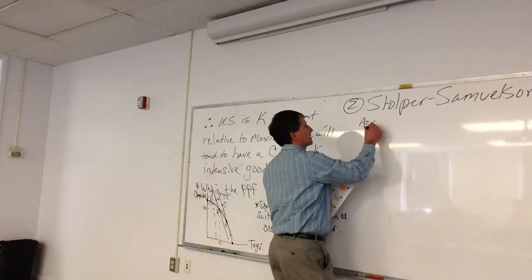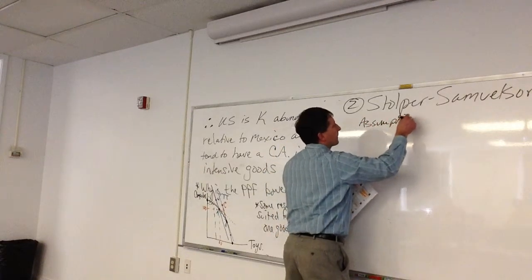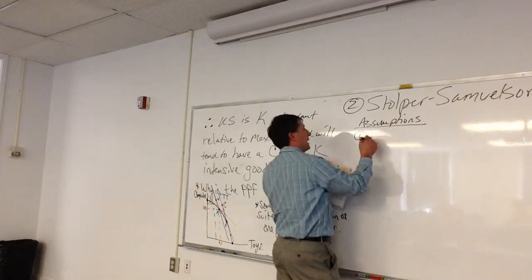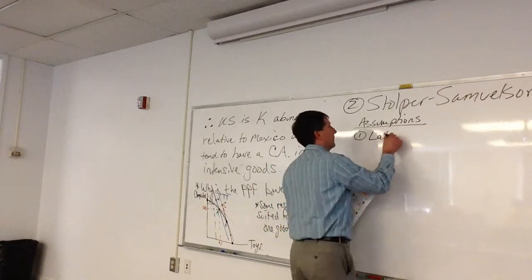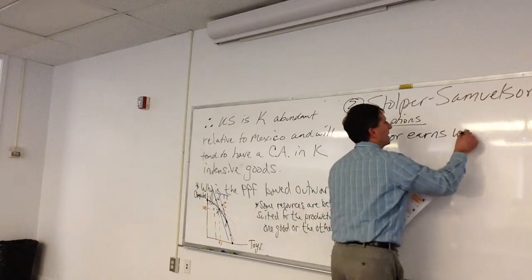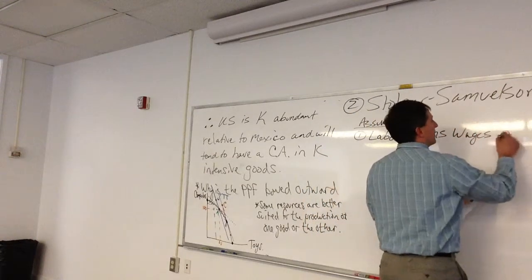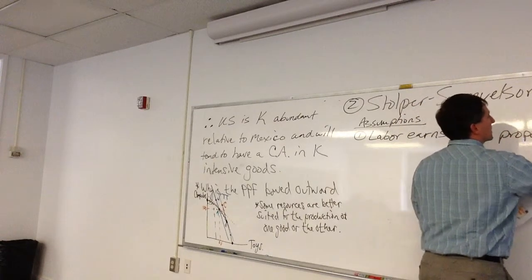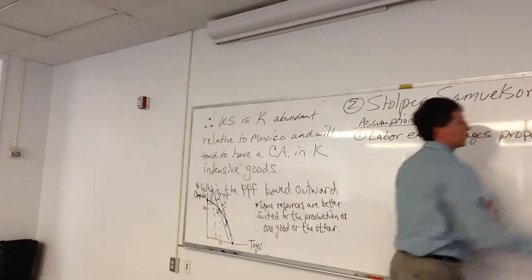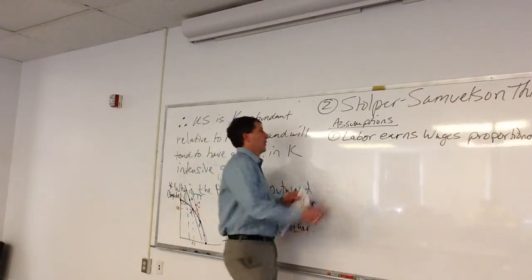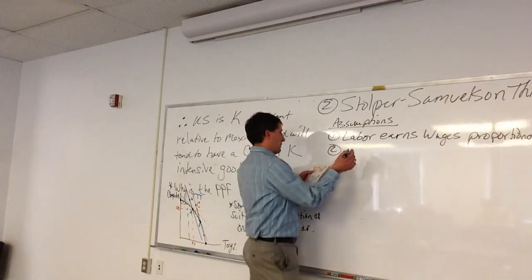So here are some assumptions of it. Number 1, labor earns wages proportionate to skill. Higher skilled people get higher wages. Owners of capital earn profit.